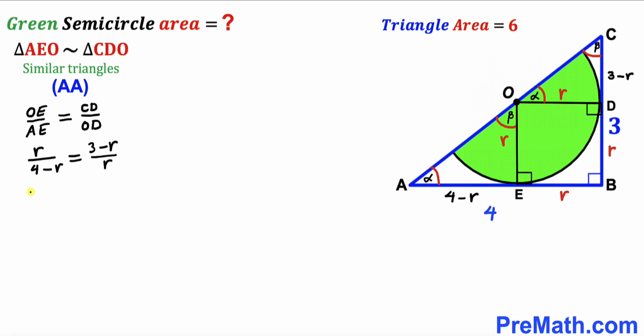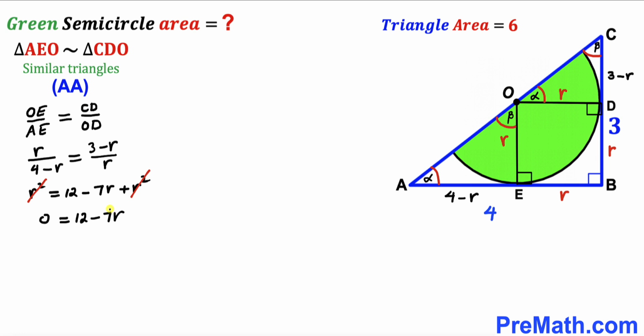So we have r squared equals, on the right-hand side, if we multiply these two binomials, 12 minus 7 times r plus r squared. Here we can see r squared and r squared are gone. So we end up with 0 equals 12 minus 7 times r.